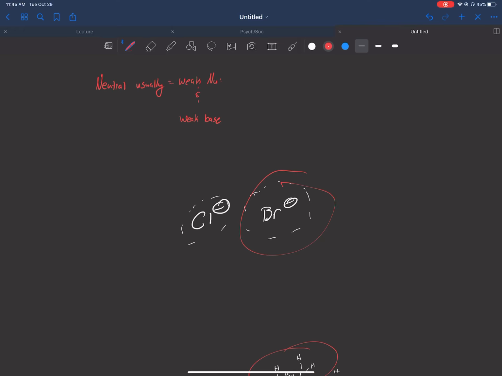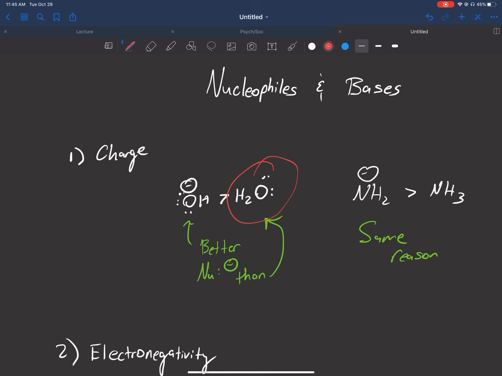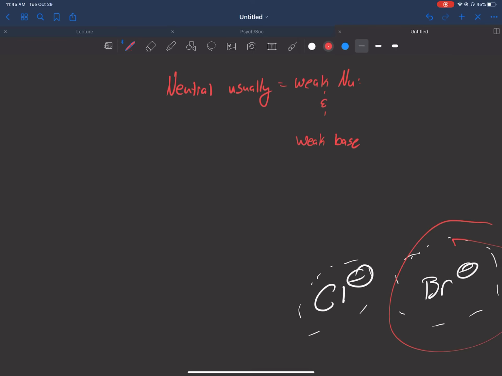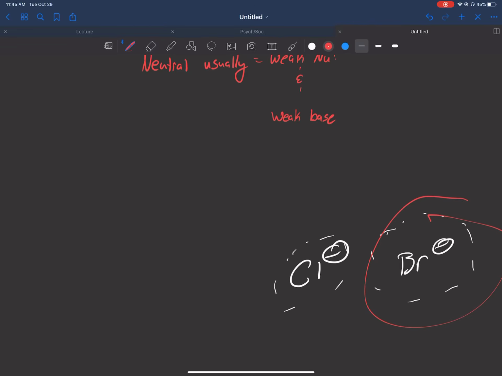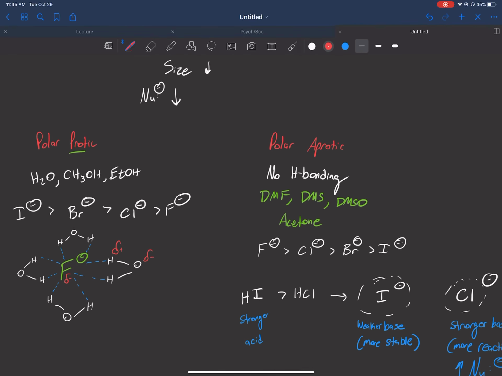Fluorine is actually considered relatively basic compared to the other halogens. Okay, so definitely watch out for that. Whereas OH minus is both a good nucleophile and a good base. Halogens, good nucleophiles, bad bases. All right, and then the trends hold for everything else.